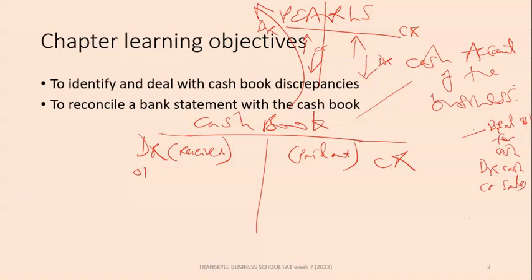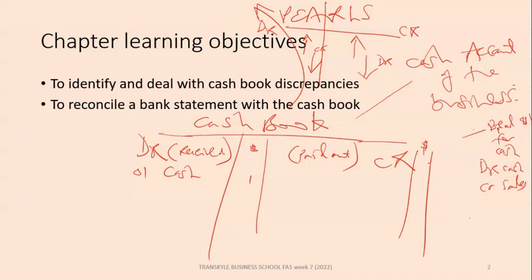So in our cash book, we're going to say debit cash, how much? $1. Remember, this is a column for dollars. That's our cash book.